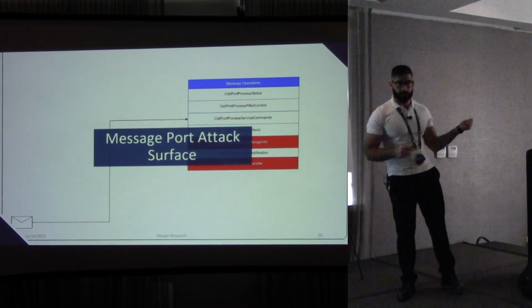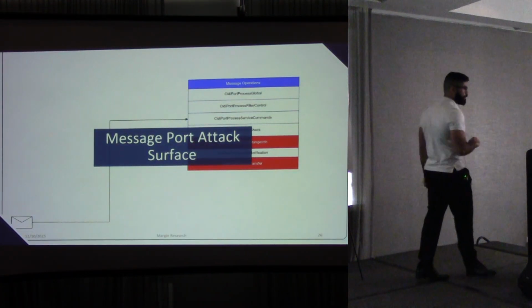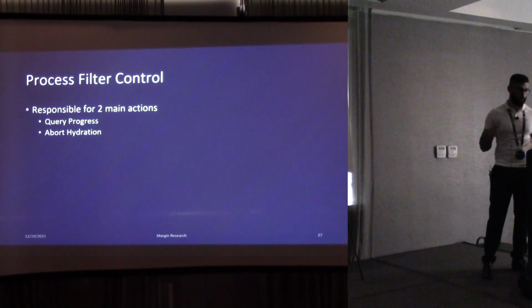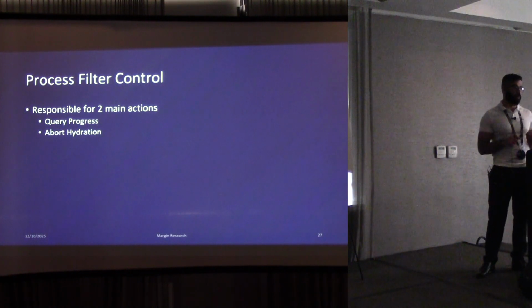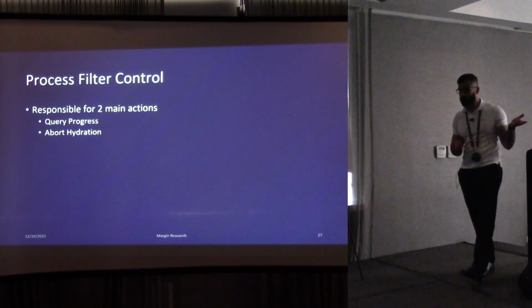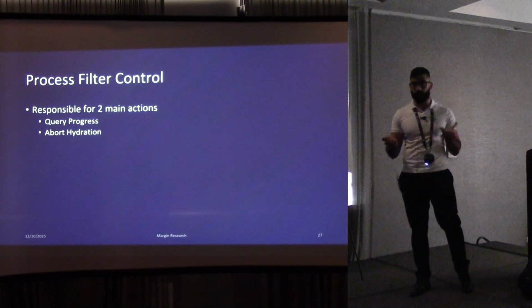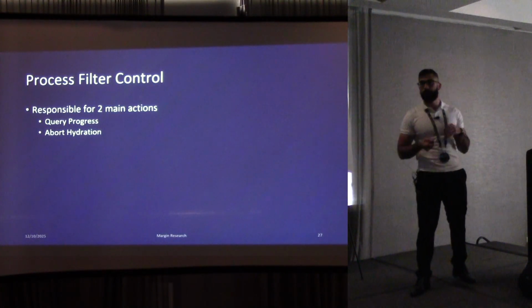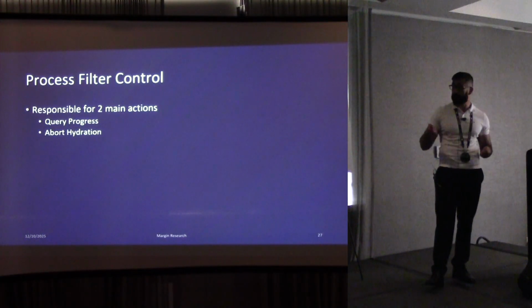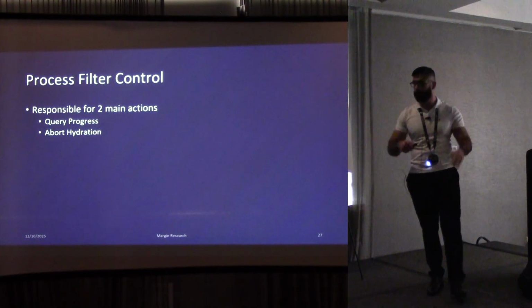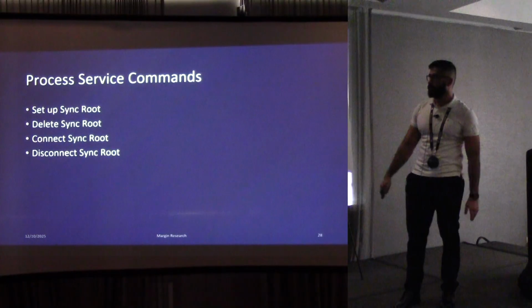Now, the message port attack surface. There's a few families of stuff. With filter control, you can query the progress of an operation, or you can abort hydration. Keep in mind, this is your async stuff, mostly.